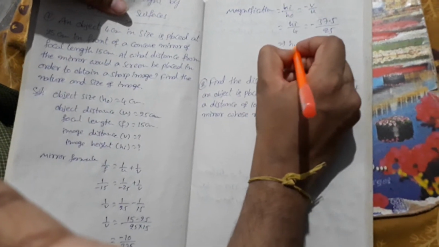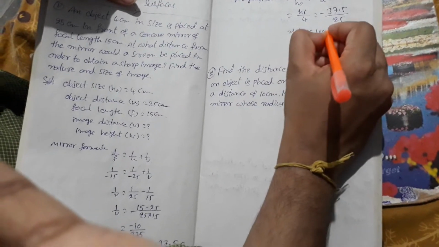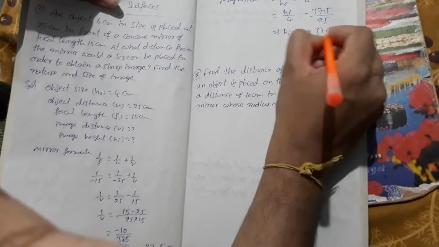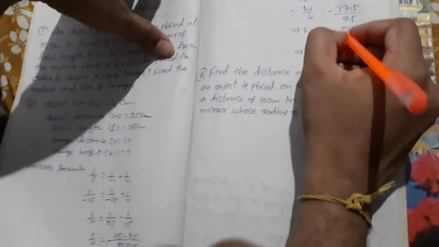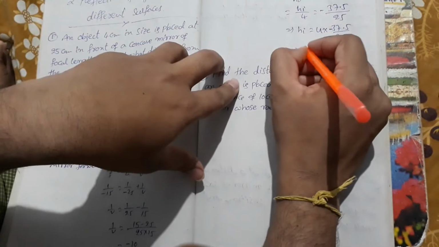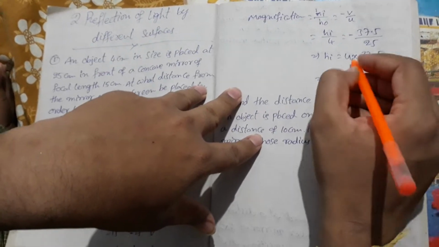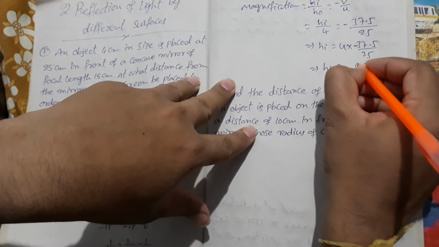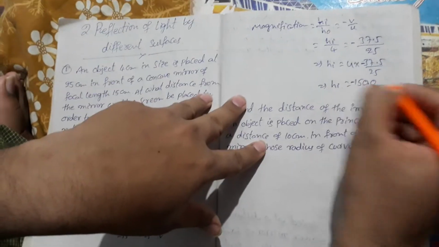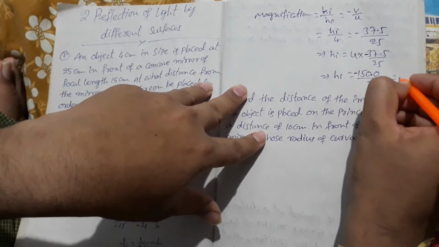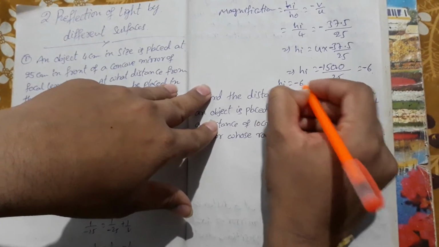That implies image height HI equals 4 into 37.5 by 25, with minus, that equals minus 6. That means the height of the image will be minus 6 centimeters.